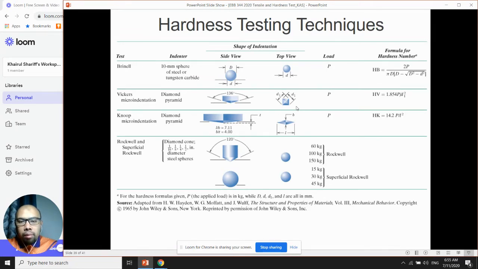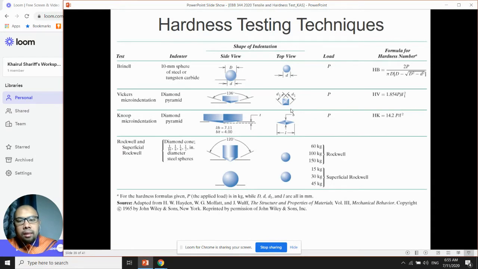Do remember each testing technique has its own character. What does character mean? Let's say you use Brinell, especially the indentation shape as well as the dimension of the indenter.